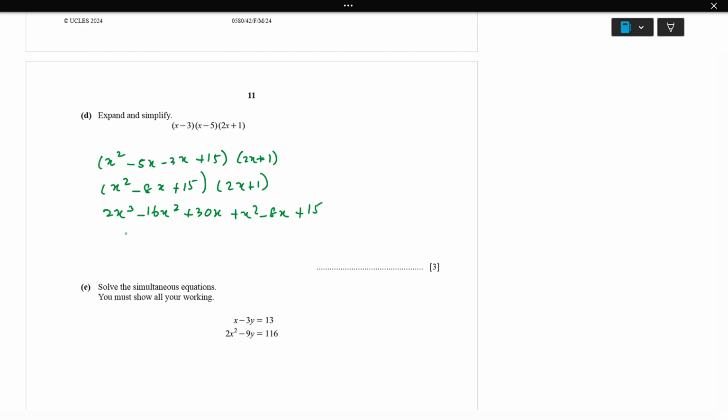Now simplify: 2x cube there is only one term, x square there are two terms, minus 16x square and plus x square, which is minus 15x square, and the x terms 30x minus 8x, which is 22x, and the constant is only 15. So the final answer is 2x cube minus 15x square plus 22x plus 15.